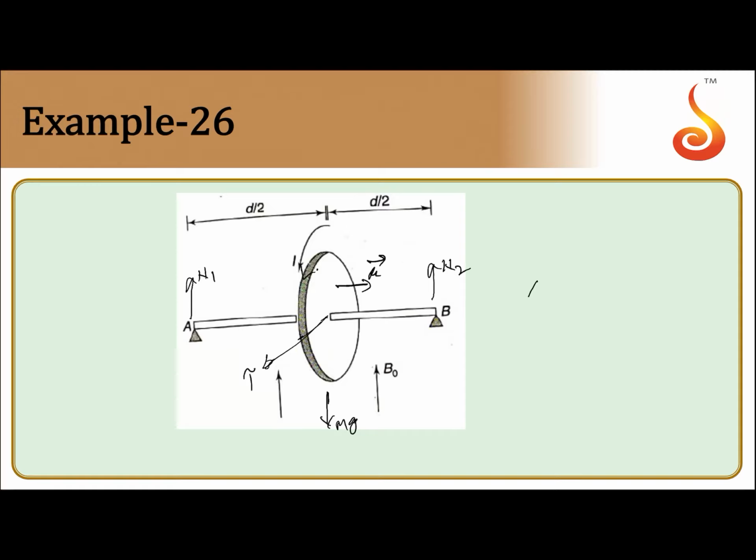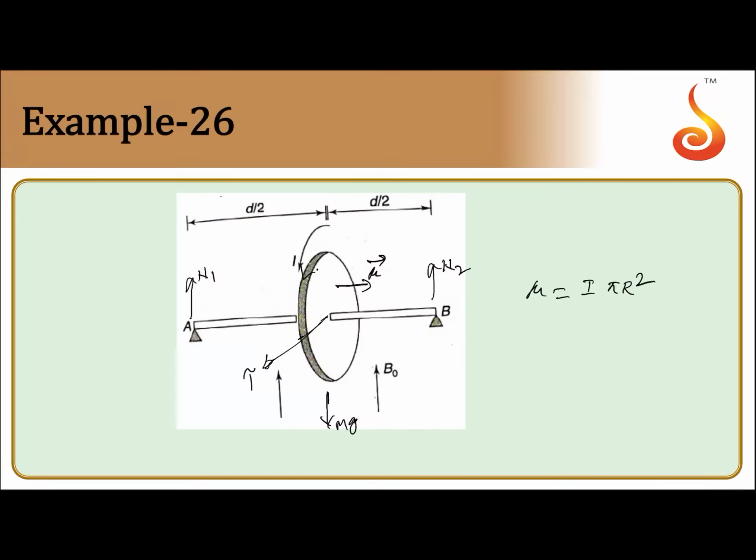And this mu will be equal to, we can see that, current into pi r square, the area of the loop. And torque on the loop, of course, magnetic torque will be equal to mu B naught sine 90, because magnetic field is in the upward direction.